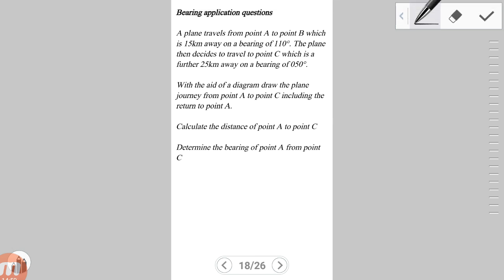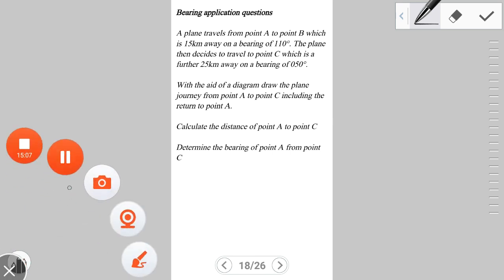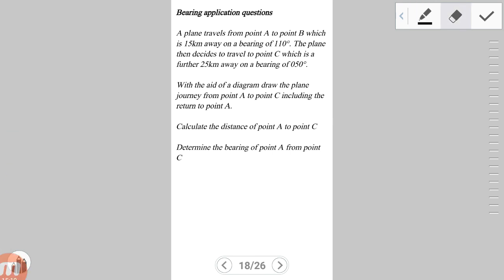Now we're gonna get really into the examples now. This is where the real application process comes in. All right, so here we go. So bearings application question.